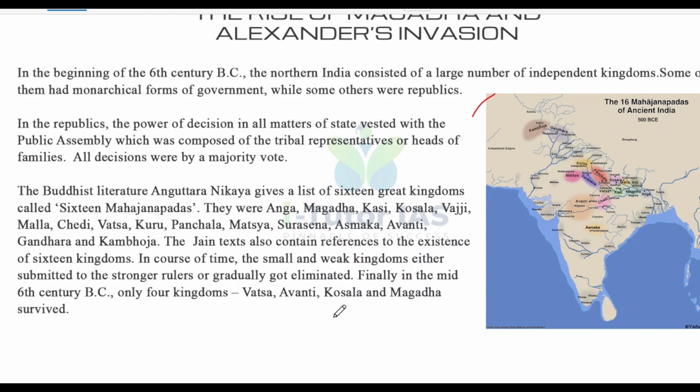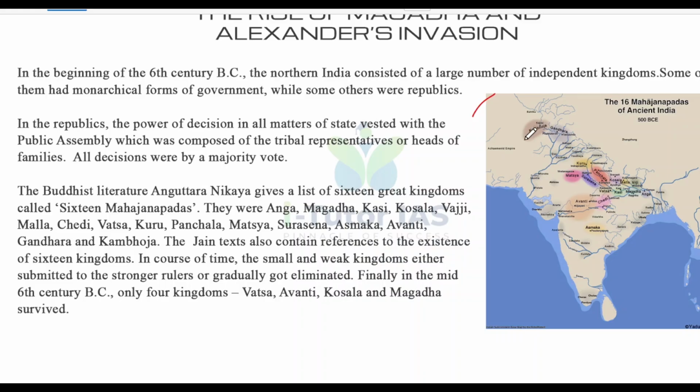They were Anga, Magadha, Kashi, Koshala, Vajji, Malla, Chedi, Vatsa, Kuru, Panchala, Matsya, Surasena, Ashmaka, Avanti, Gandhara, and Kamboja. So these are the 16 Mahajanapadas.